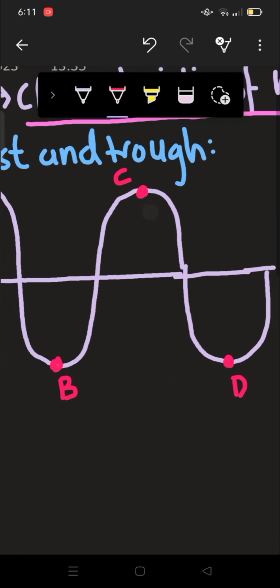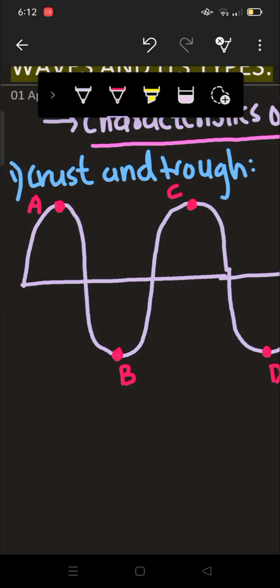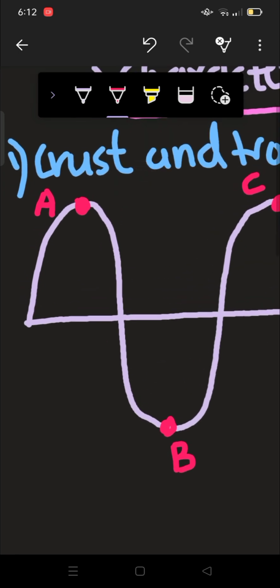Alright, so the parts which are on the upper side, let me tell you the definition of the crest. A crest is a point on a wave that exhibits maximum positive or upward displacement from the undisturbed position.